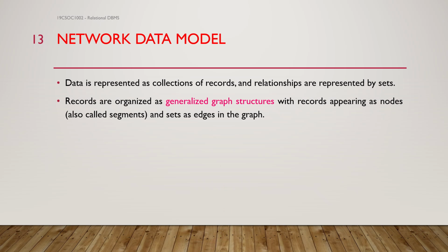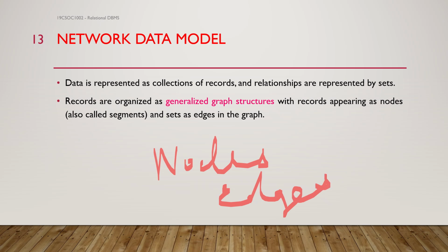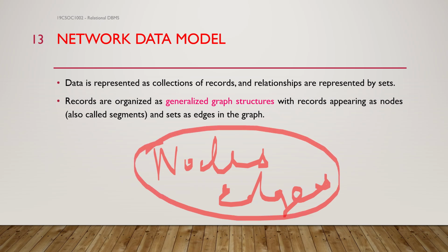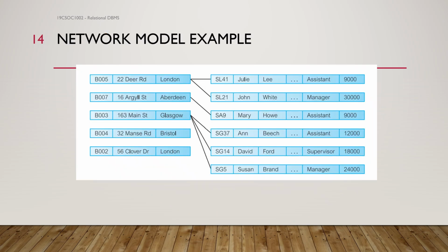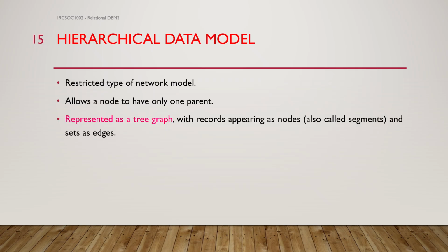So we can say nodes and edges. These are the two important terms, because nodes and edges are used to define the network model. This is the example. Here these are called the nodes and these links are called the edges.